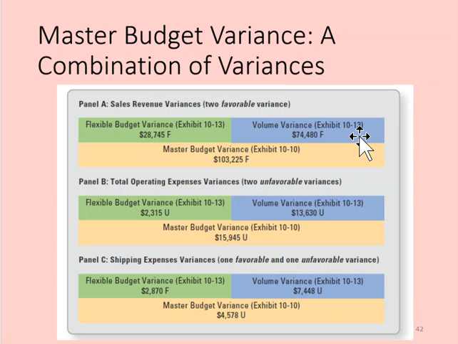So if managers want, they can actually break down the flexible budget variance into two additional variances, which are called the price variance and efficiency variance, to better understand what is causing the flexible budget variance. Manufacturers often do this for their direct materials, direct labor, and manufacturing overhead costs. And we will see more of this in a later chapter.